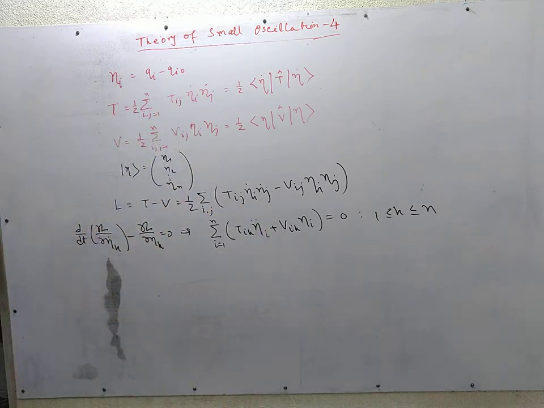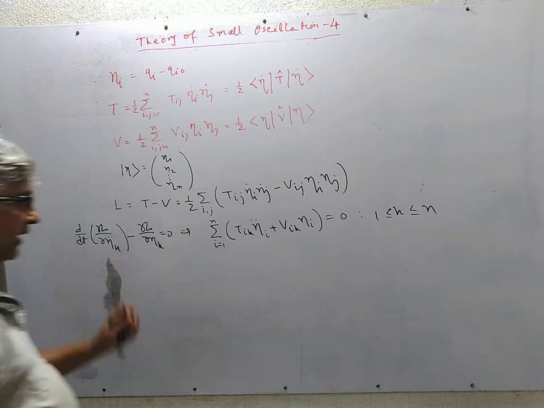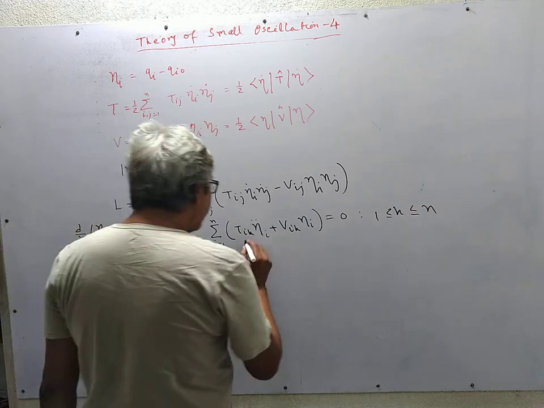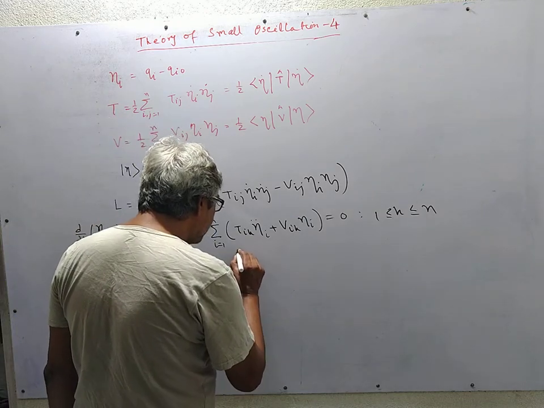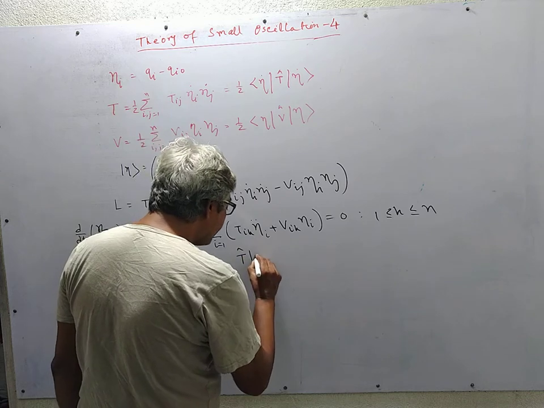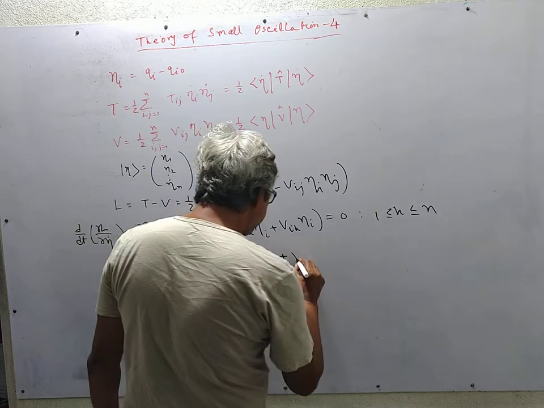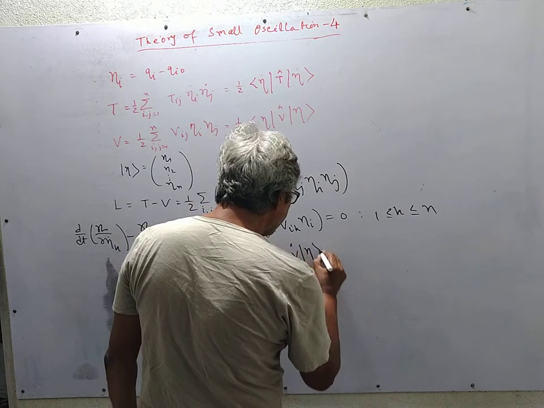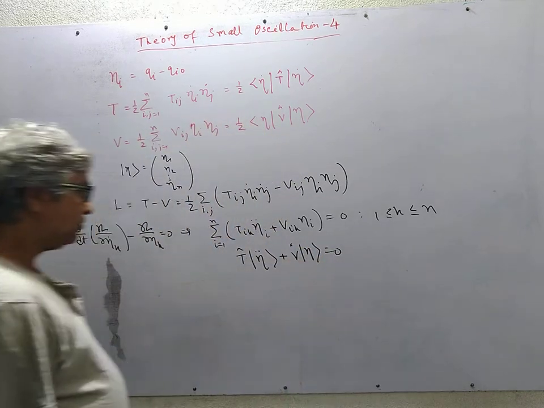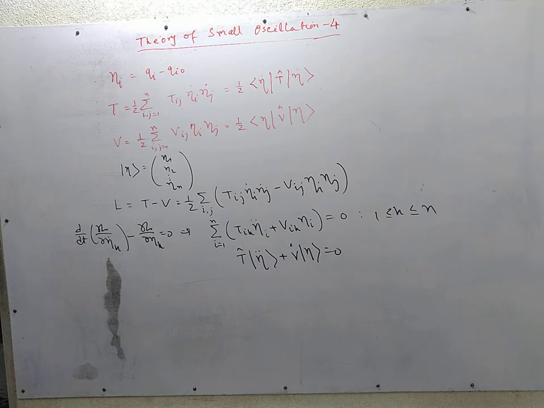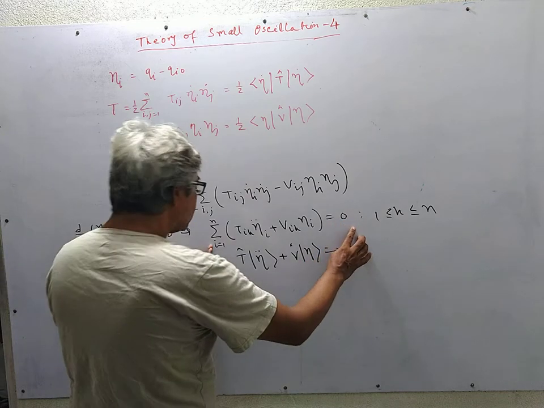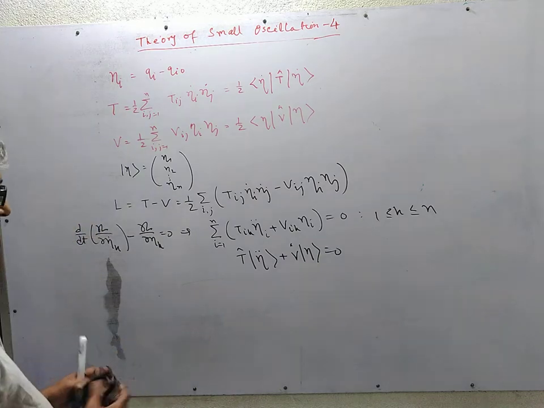Now, this much we obtained in our last class, and in matrix notation it reads as T matrix operating on eta double dot plus V matrix operating on eta is equal to 0. So today we shall start from this relation and go further.